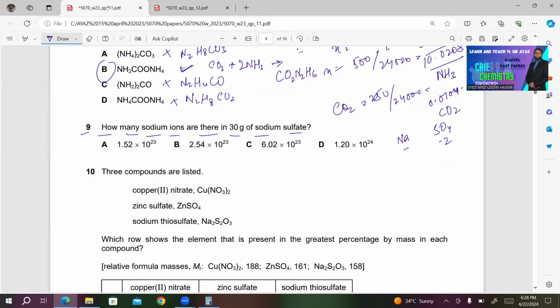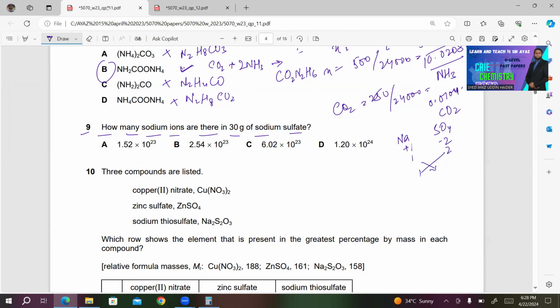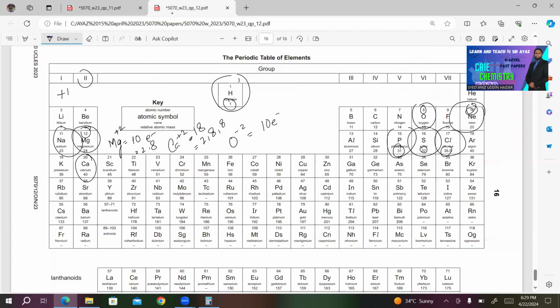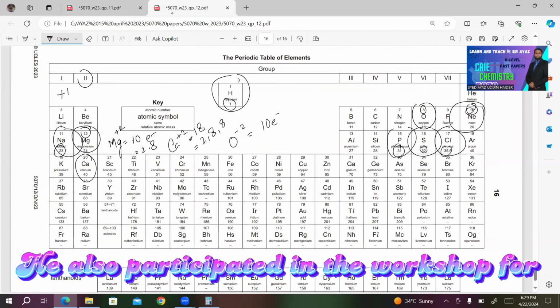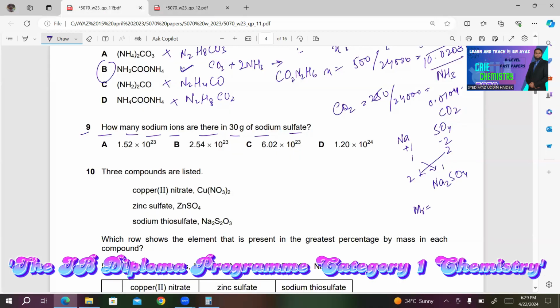Ignore their charges. These subscripts will be exchanged. What you will get is Na2SO4. What about the MR of Na2SO4? Na, AR is 23. S, AR is 32. Oxygen, AR is 16.